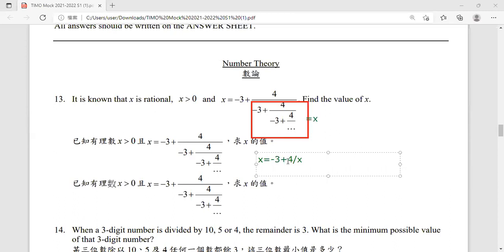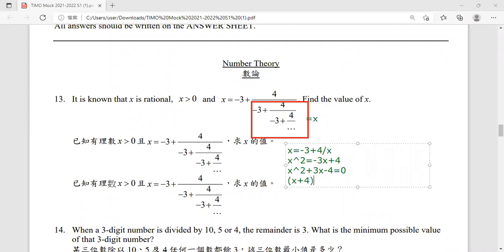Then you multiply the whole thing by x. x squared equal to negative 3x plus 4. And then x squared plus 3x minus 4 equal to 0. And you factorize it: x plus 4 and x minus 1 equals 0.